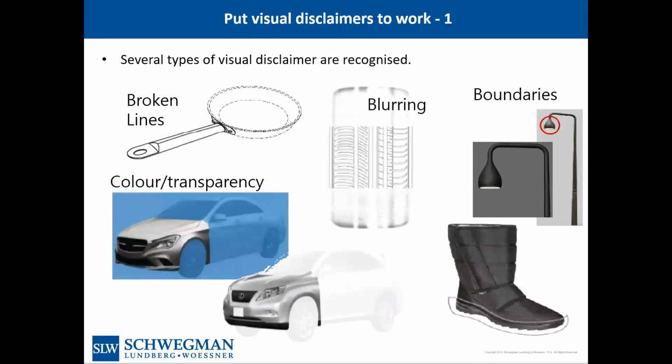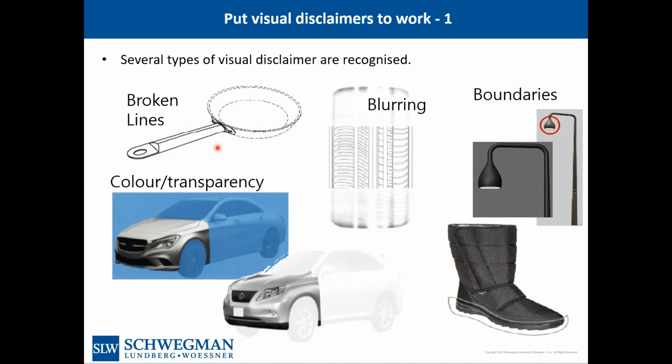So what do we do? We put visual disclaimers to work. And I think visual disclaimers are familiar to US practitioners as well. I think in the example of a line drawing, classic, and as far as the EUIPO is concerned, the recommended form of disclaimer is to use broken lines for parts of the design that you don't want protected. So in the case of this pan, the applicant wants to protect any pan with that particular shape of handle.